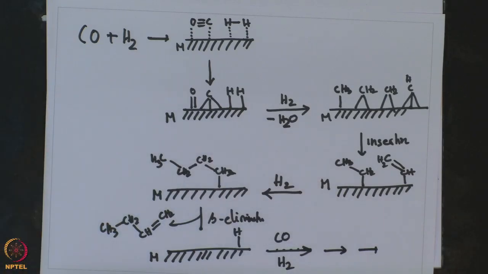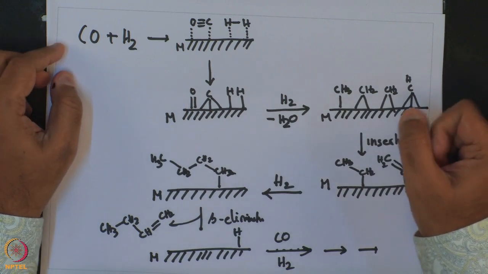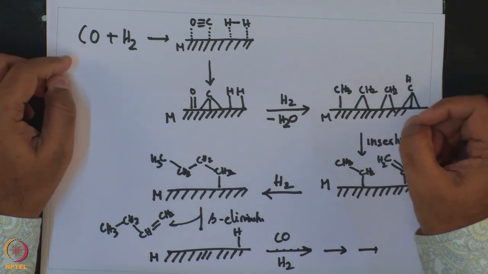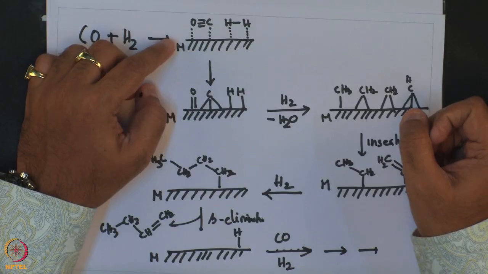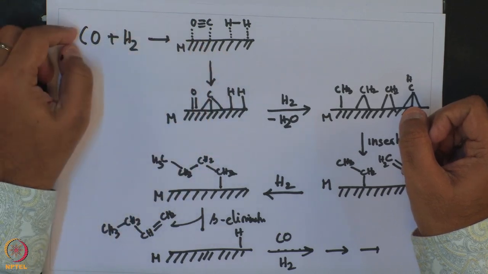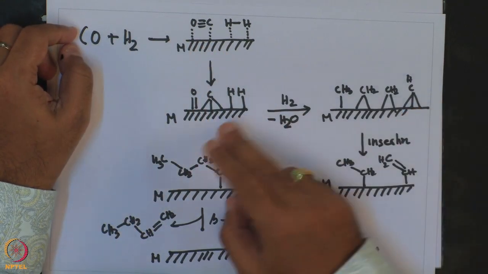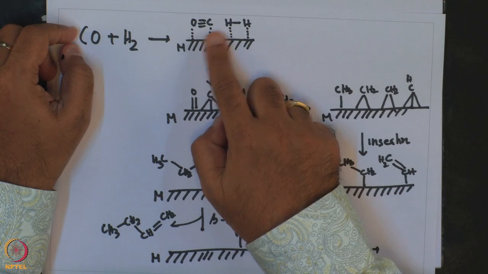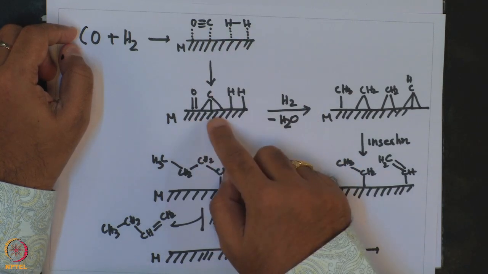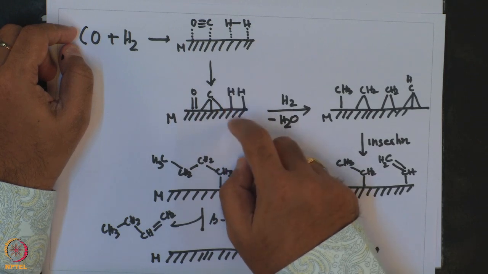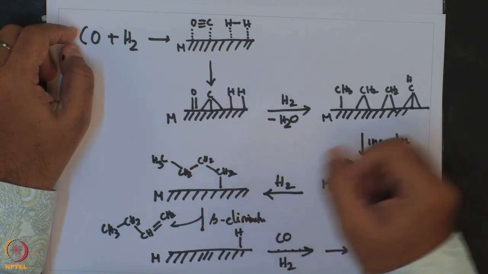So, this is a beautiful model which sort of explains the polymerization of the methylene group, and this is a stepwise sequence that occurs first by adsorption of carbon monoxide and hydrogen on the metal surface, followed by the breakage of the carbon oxygen bond to give metal oxide, metal carbido and metal hydride bonds sticking out on the surface.